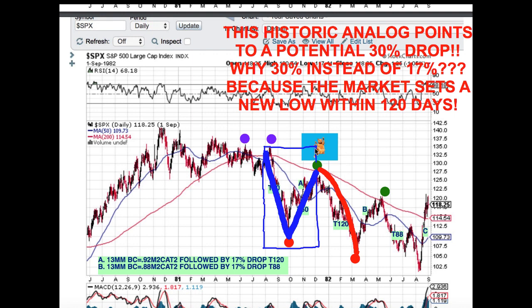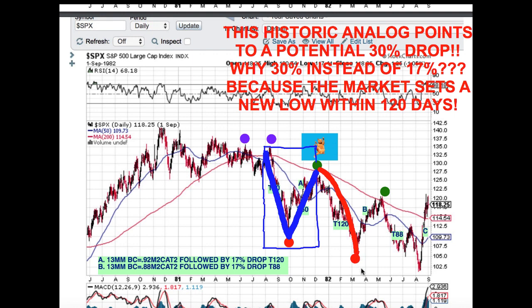Now, this right here has a huge significance because this historic analog actually points to a potential 30% drop. And yes, I did say 30%. As you can see, the calculations here point to a 17% drop. But the reason we believe this historic analog points to a 30% drop is because the market, as you can see after this bounce A, we move lower, and the market sets a new low.